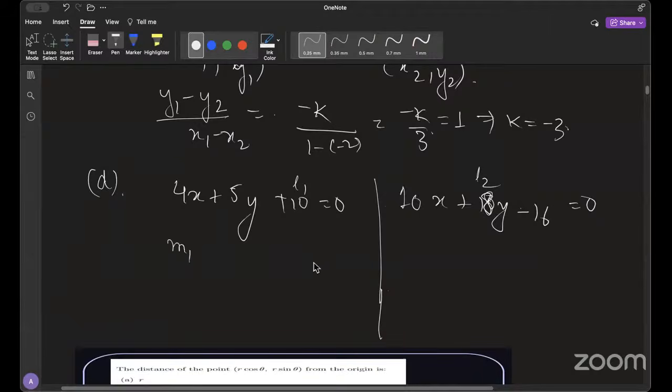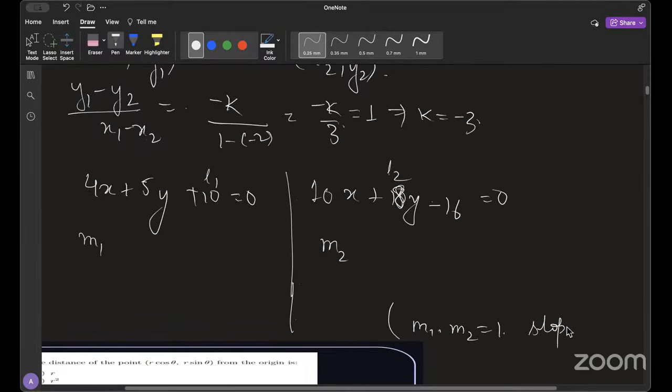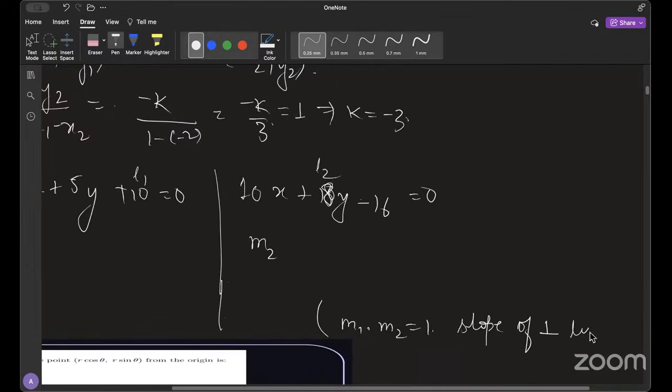Let's call the slope of this M1 and this M2. If they're perpendicular, M1 into M2 should be minus 1, right?